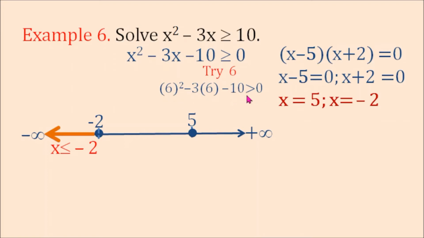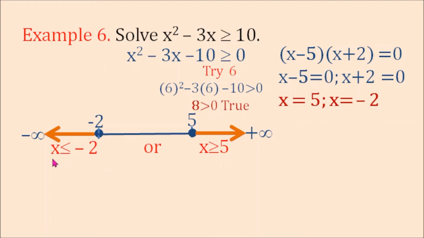Now simplifying this part here, that's 8. So 8 is greater than 0 is also true. Meaning to say, this interval here from greater than 5 to positive infinity is a solution. Now since 5 is included, so we can write x is greater than or equal to 5.